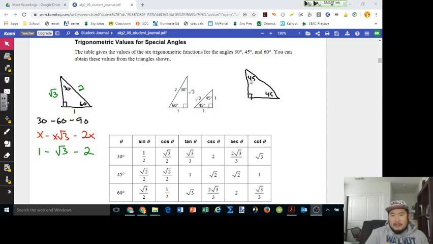So that means that these two sides opposite of 45 happen to be congruent. So let's go ahead right here. I'll write down the angles again. We've got 45, 45, 90, and we'll keep this simple. And let's go ahead and say that the side opposite of 45 is 1.